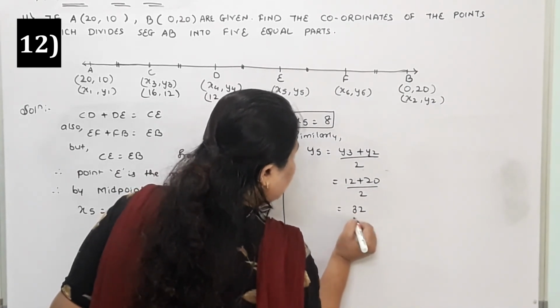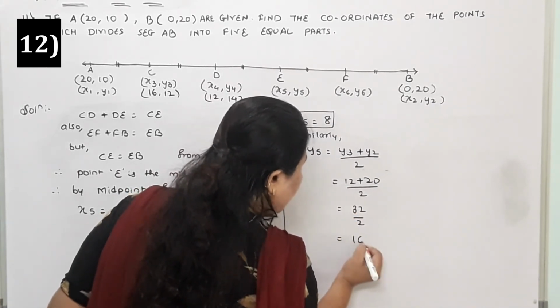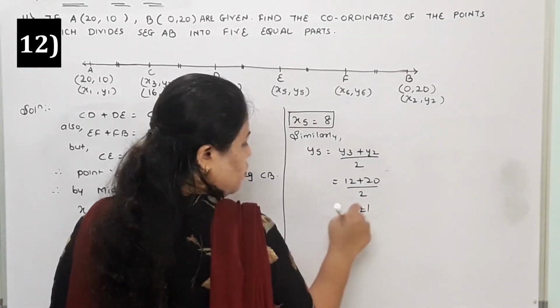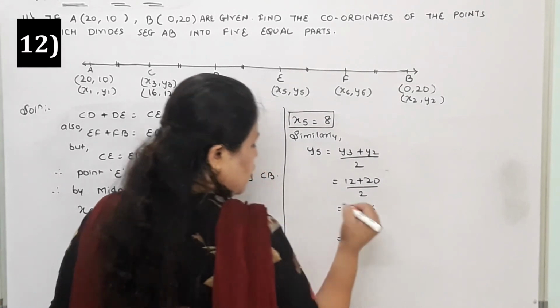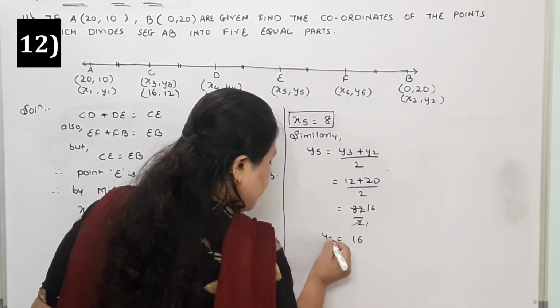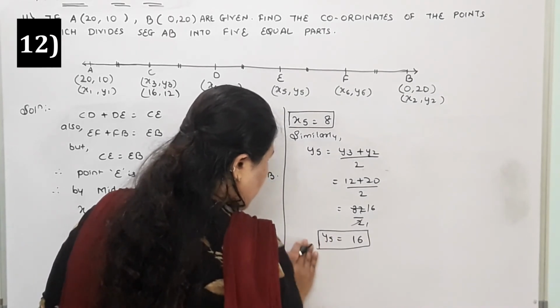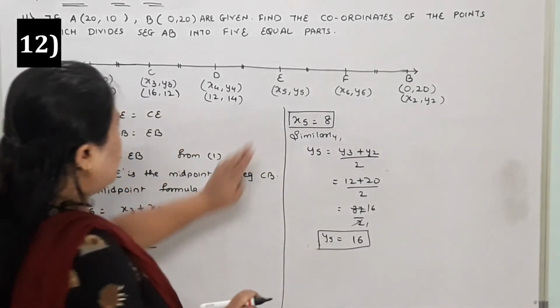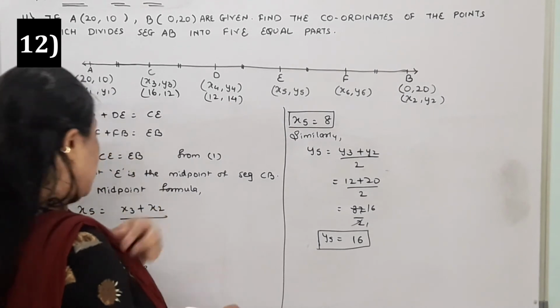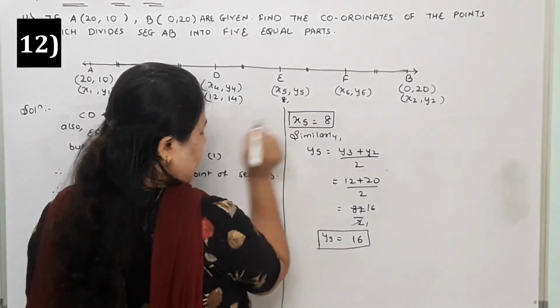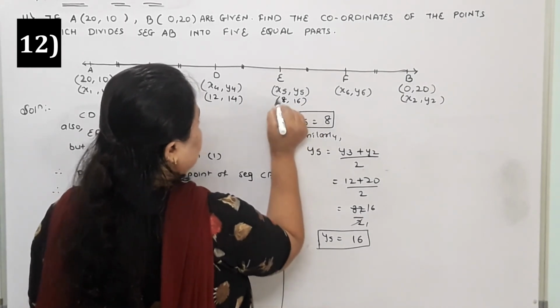So 32 upon 2 will be 16. 2 ones are 2, 2 6s are 12. So y5 is equal to 16. Here we get the coordinates of point E. So write down x5 equals 8 and y5 is 16.